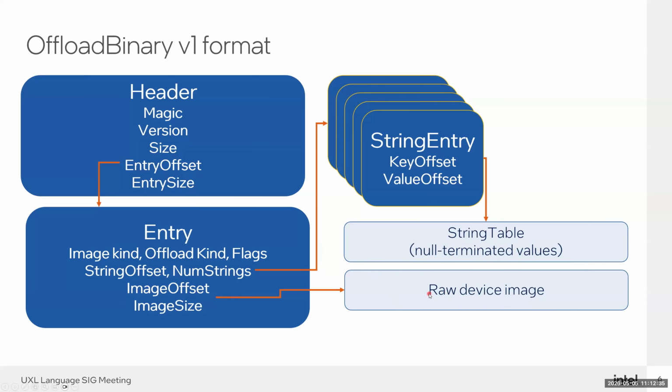It can be text formats, it can be binary formats, or it can be SPIR-V, ELF, PTX, whatever you need. So basically, offload binary allows you to pack together an image in any supported format with a set of metadata, and tools know how to read it and how to parse it.